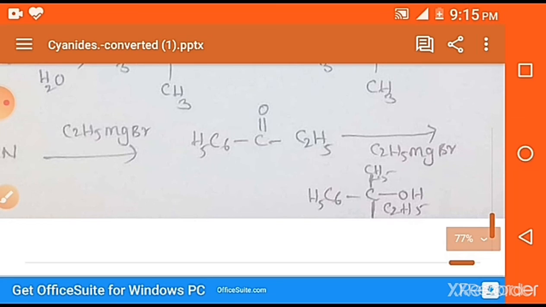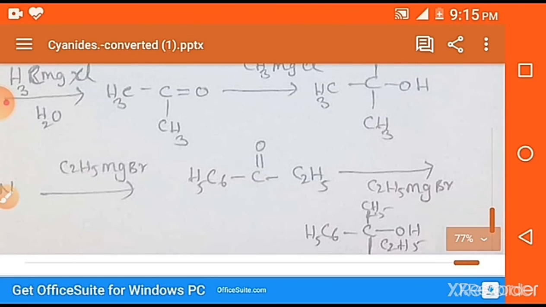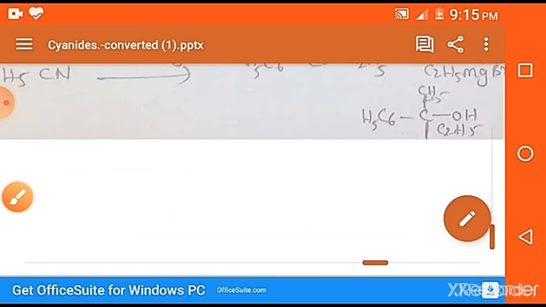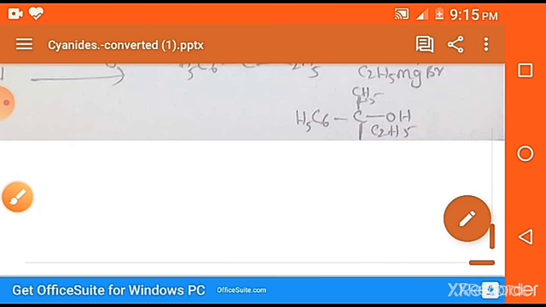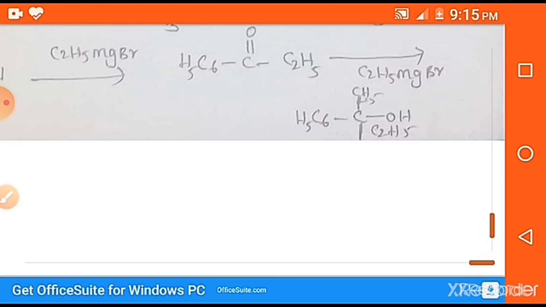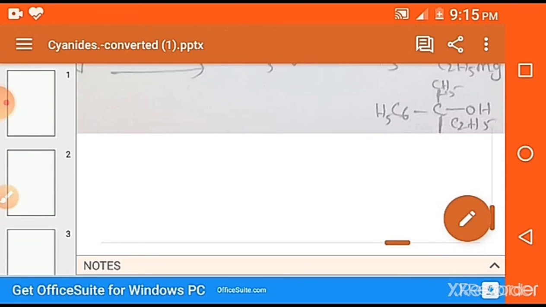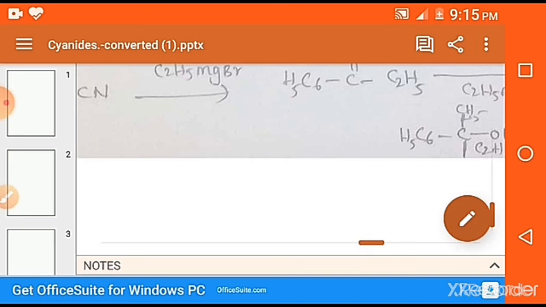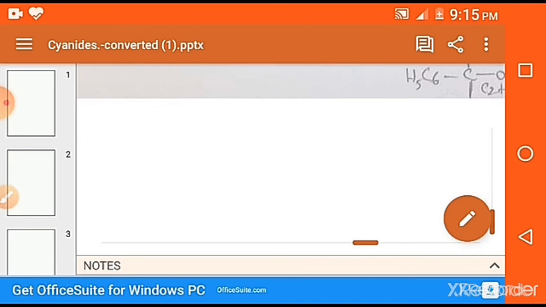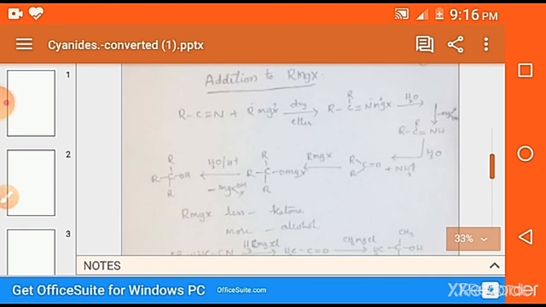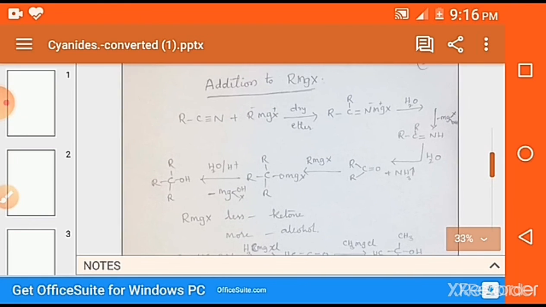This ketone on reaction with methyl magnesium bromide will give, first, a diol, and on dehydration it gives the alcohol. Okay, this is the reaction with RMgX.